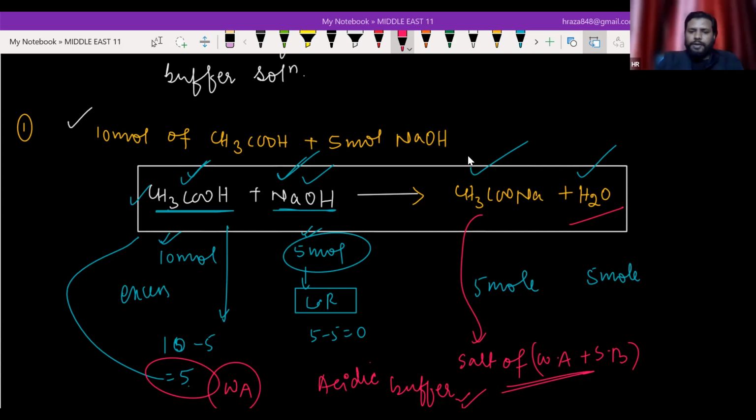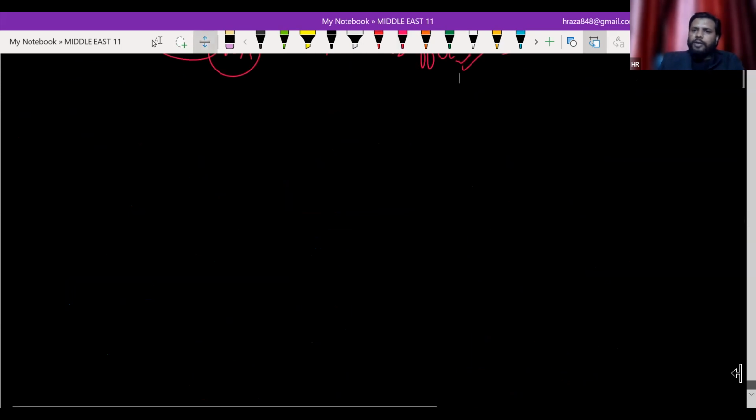Everyone done with this? Now I'm going to give you some questions. On this base, you have to do reactions, then check which one of them is the limiting reagent, then write about whether it is an acidic or basic buffer.